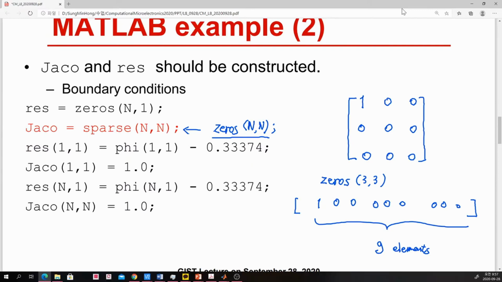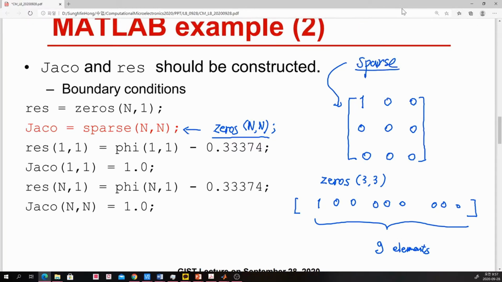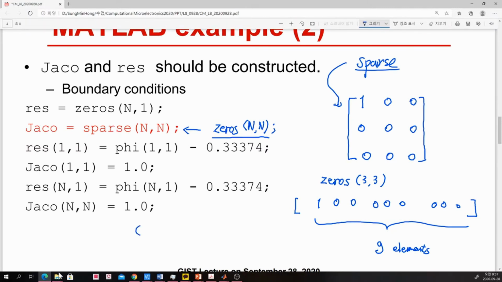However, instead of writing down all components, if our matrix is sparse, meaning we have only a small number of non-zero elements and every other element is 0, then we can save a lot by saving, for example, 1, 1 equal to 1.